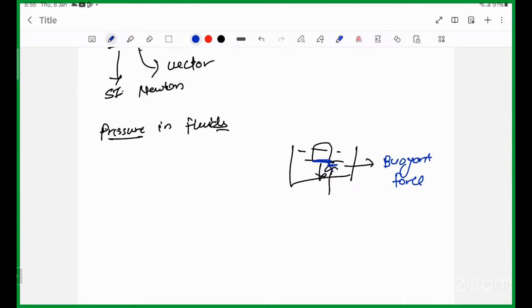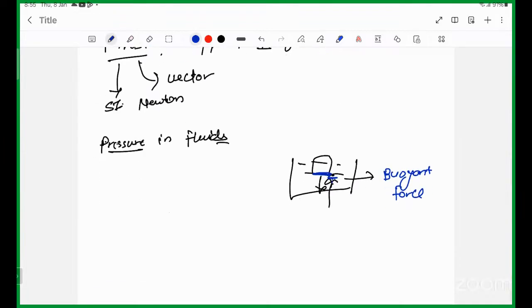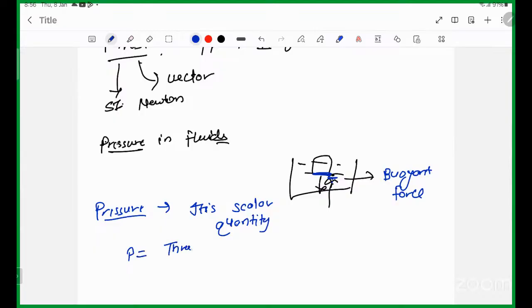Now we will discuss pressure. Pressure is a scalar quantity, though it is force upon area. Pressure is always equal to thrust upon area.